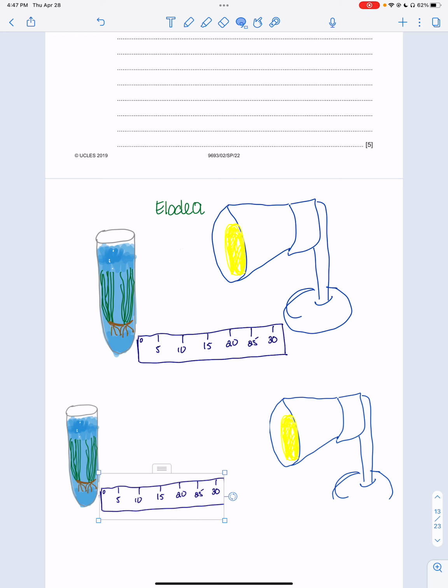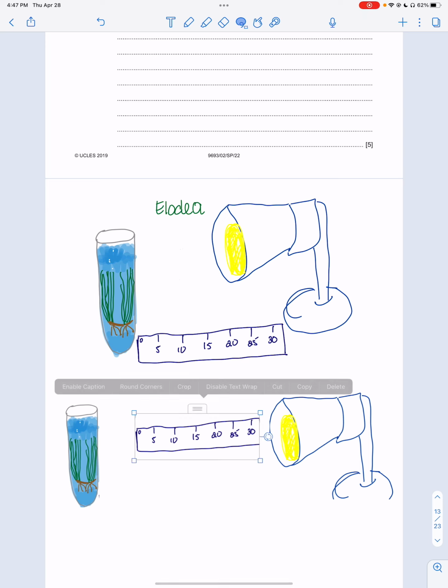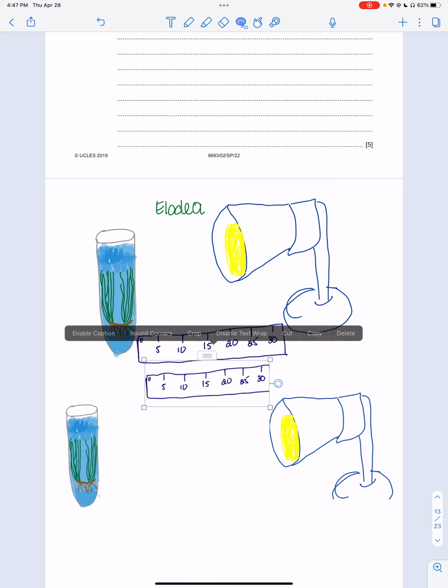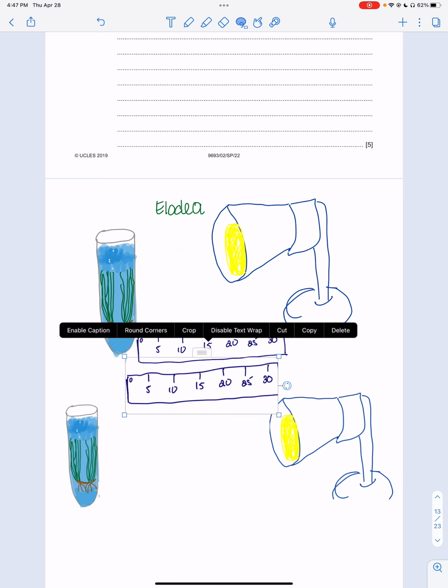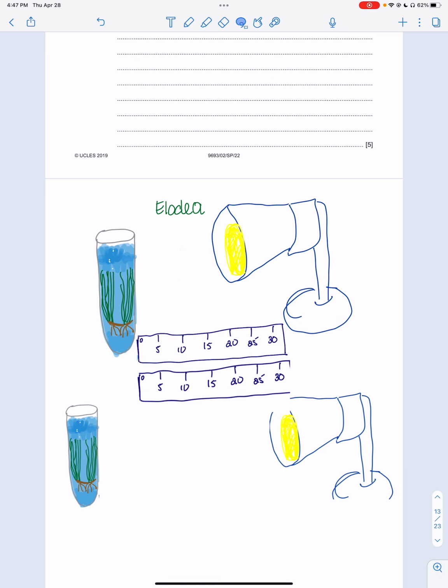Okay, so we're going to say it's about 30 centimeters. I know there's a little gap here, but we'll say it's about 30 centimeters. That's not the same size, but 30 centimeters away.